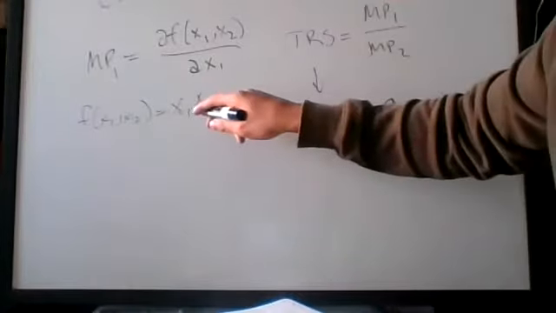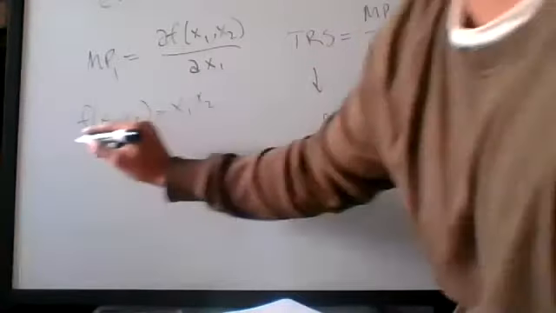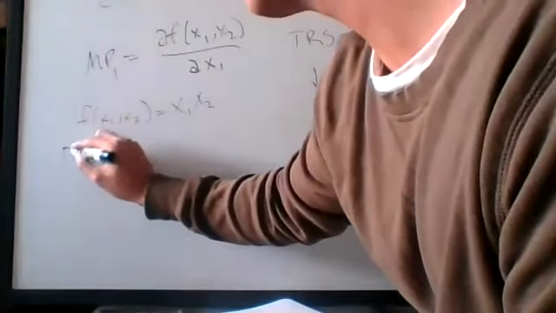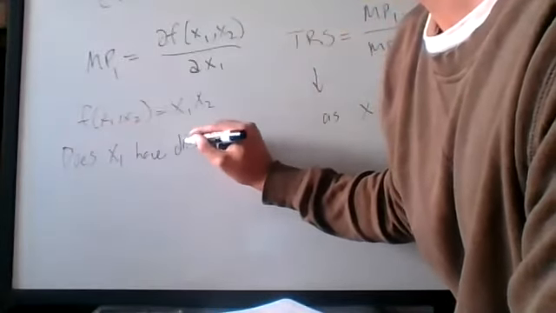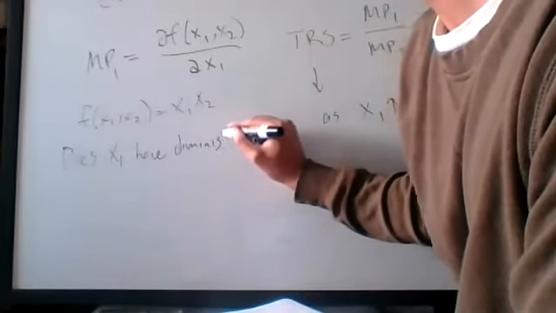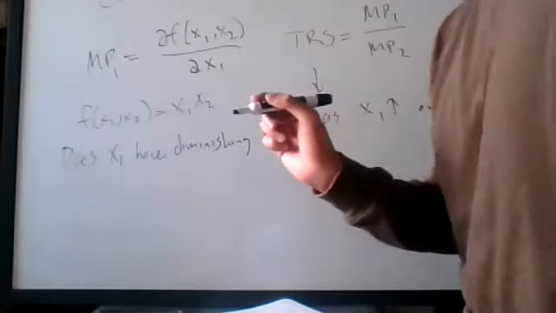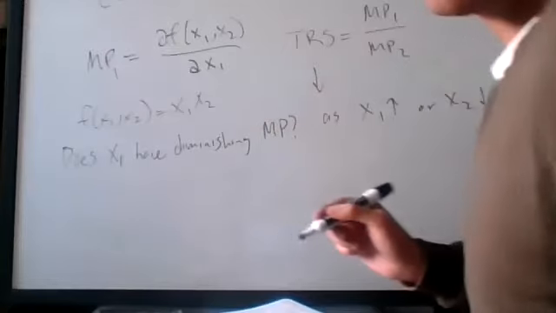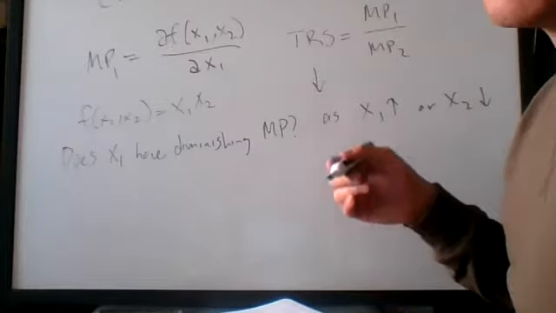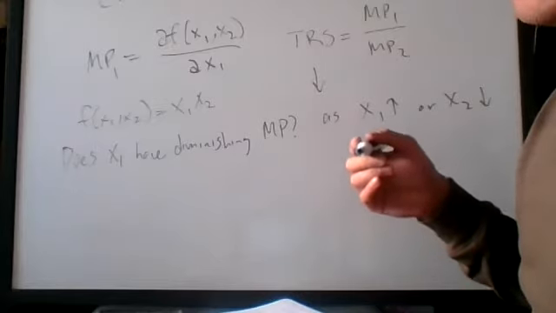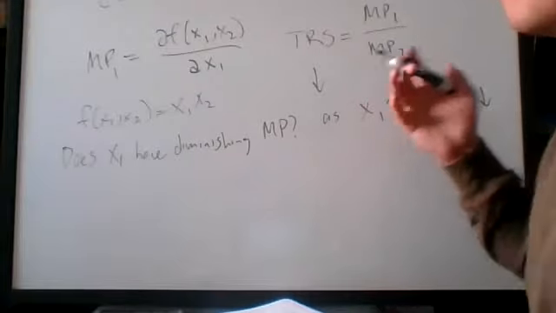So here is my production function, and I want to find does x1 have diminishing marginal product, right? And so I think that this kind of has to do with the idea of like the different types of people with respect to insurance, right? How they have diminishing returns on wealth, for example.